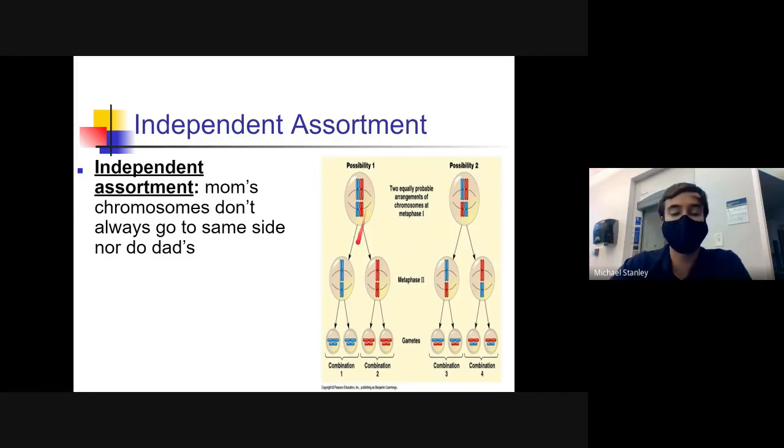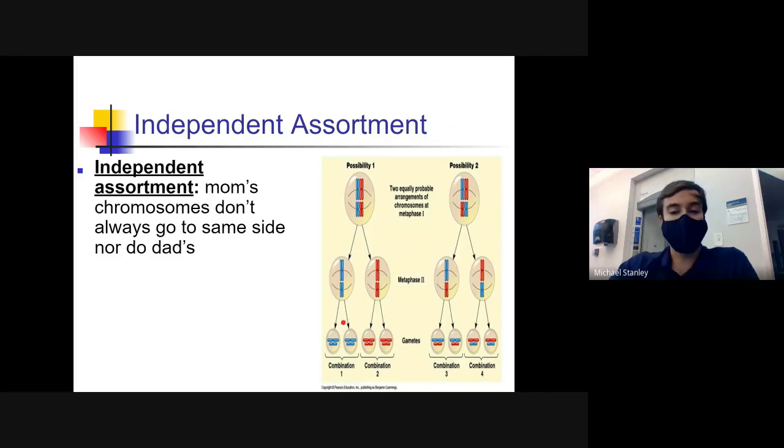So like in this super simple example where we only have 2 different chromosomes, a big and a small chromosome. In one case, you could get both of the blue on the left and both of the red on the right. So this will go through meiosis I and split up once, and then go through meiosis II and split up again.